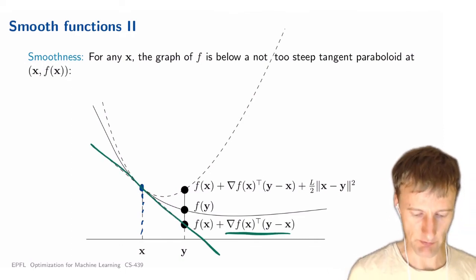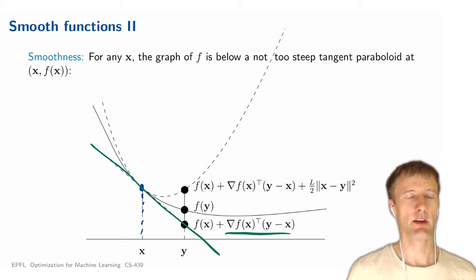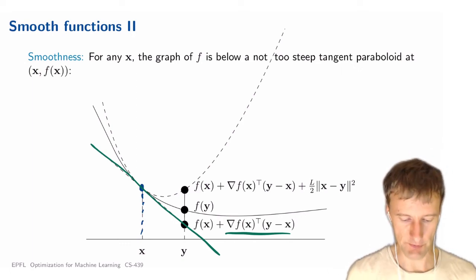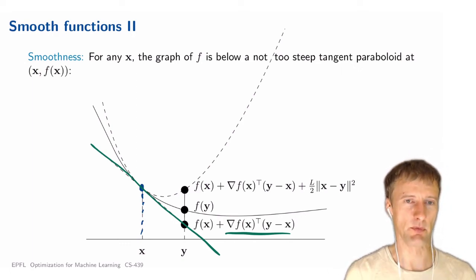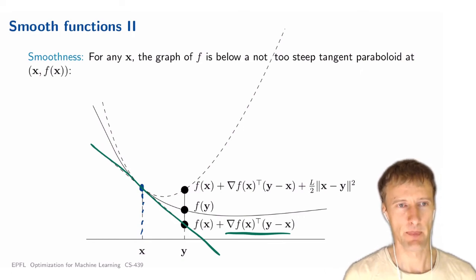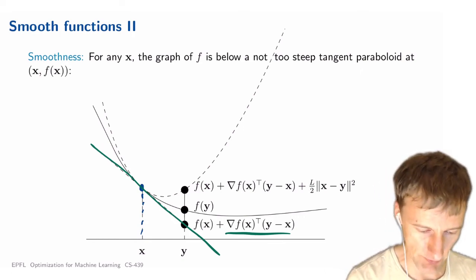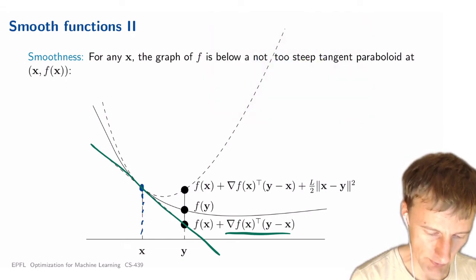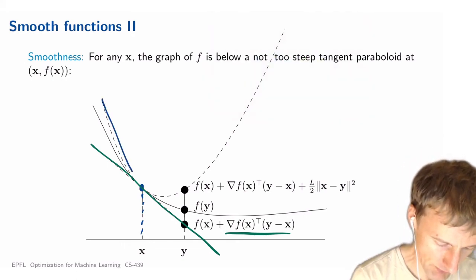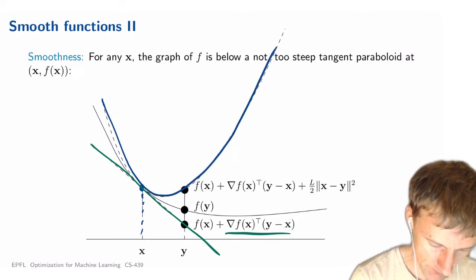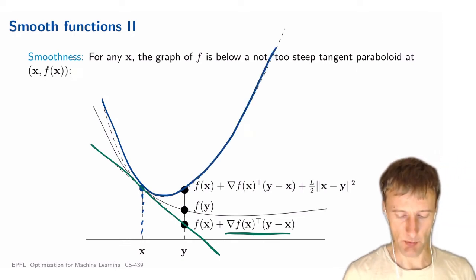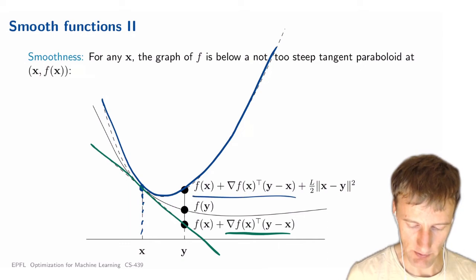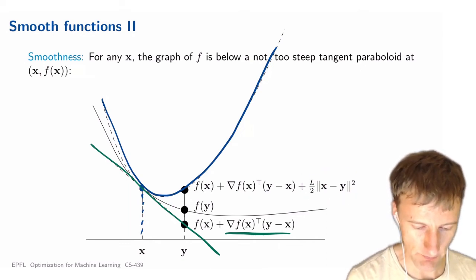That's the thing given by the gradient, right? We know what convexity means: that we lie above the green line. And then we have smoothness now, which is a different thing. What smoothness means is that our function is below this parabola. And that parabola is given by the green line plus the quadratic, which we have defined here.